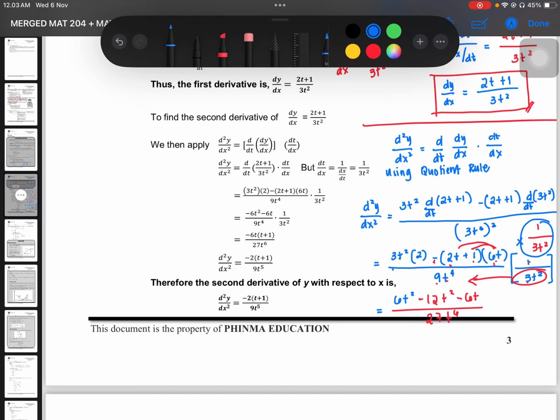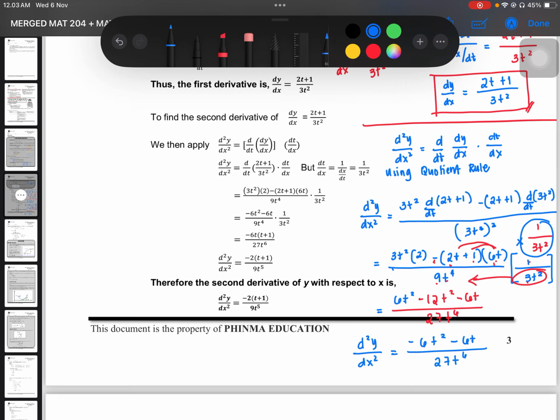Okay? So, by simplifying this, we will be having d squared y over dx squared is equal to, so combining like terms, we have 6t squared minus 12t squared. We will be having negative 6t squared minus 6t all over 27t raised to 6.